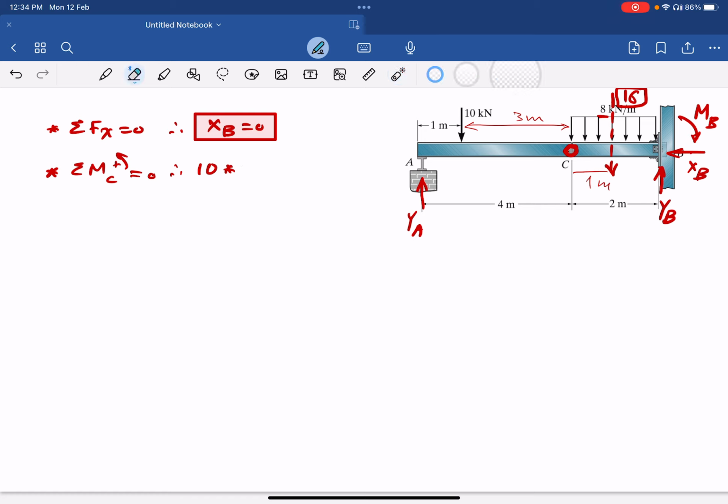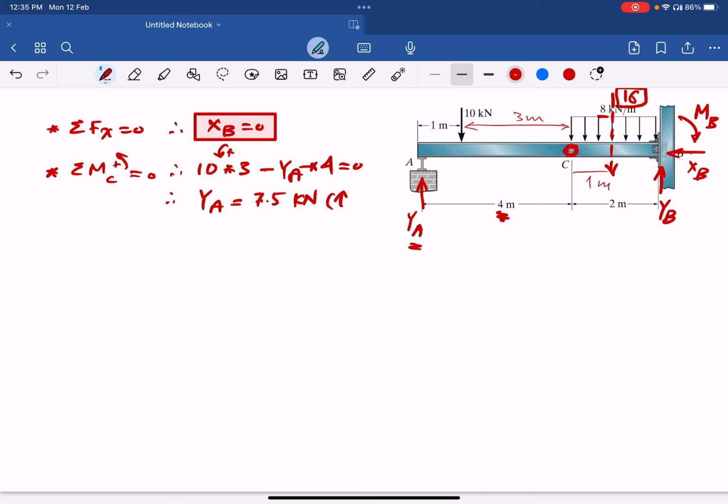We take the moment at point C, so it will be 10 times 3, and it is positive because it's counterclockwise, similar to what we assumed, minus YA times 4 meters equals 0. Using the calculator we find YA equals 30 over 4, so it will be 7.5 kilonewton going upward as we assumed. Let's put this again in this box.